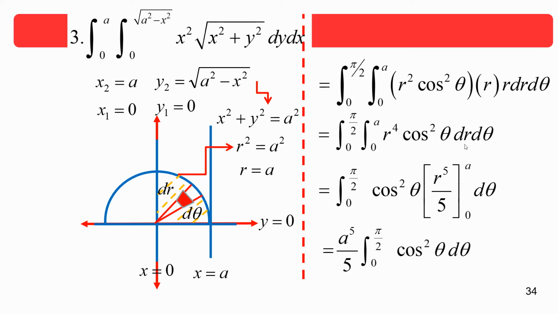Since it's with respect to r first, we don't need cosine squared theta. Let's integrate r to the 4th. It's going to be r to the 5th over 5 from 0 to a. But then here, the whole thing becomes a constant. Since this is a constant, I can bring that out and then integrate the cosine squared. Again, you cannot just integrate this.